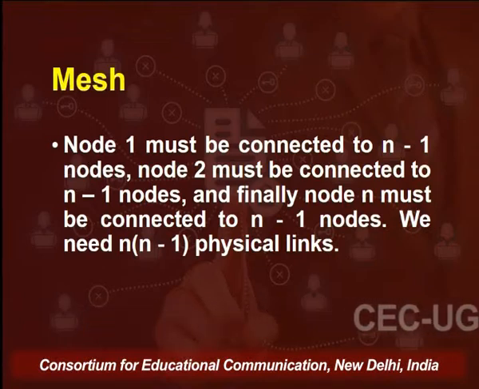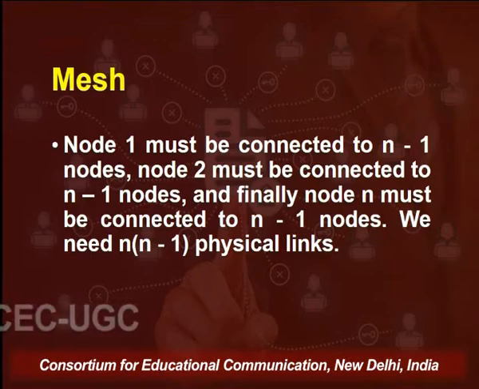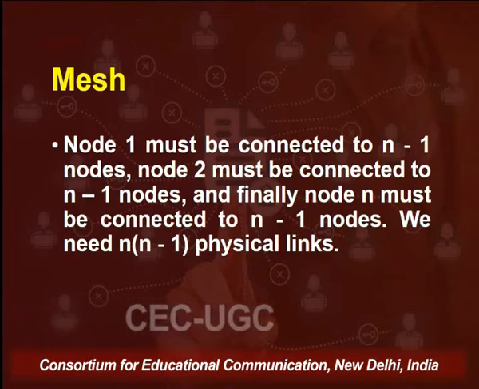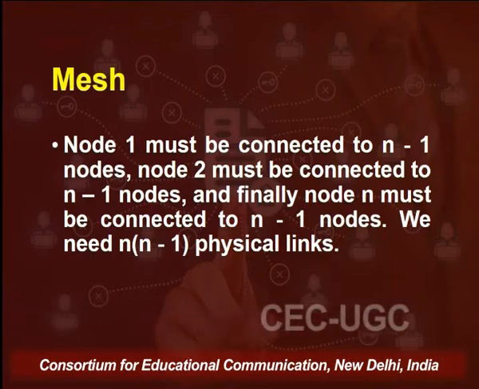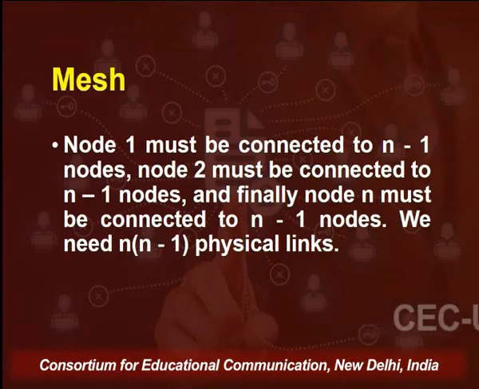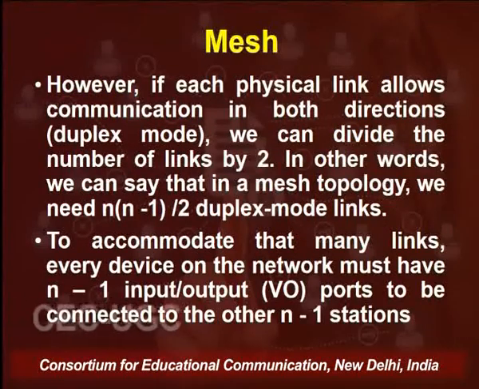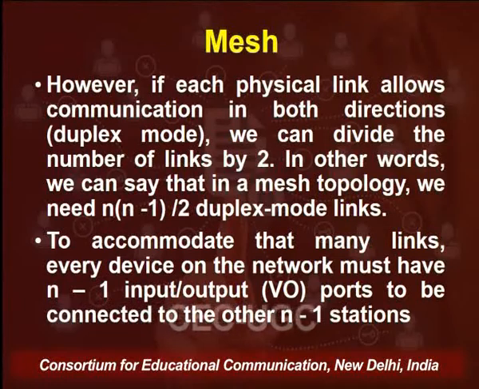So you will have n into n minus 1 upon 2 physical links. Why upon 2? Because each link is shared between two nodes, so the total number of connections becomes half of n into n minus 1 in a mesh topology, right.